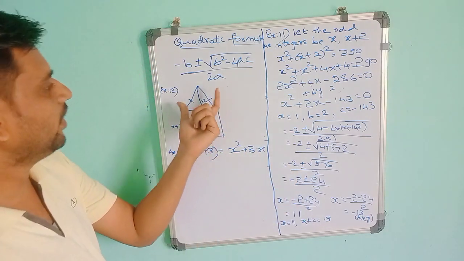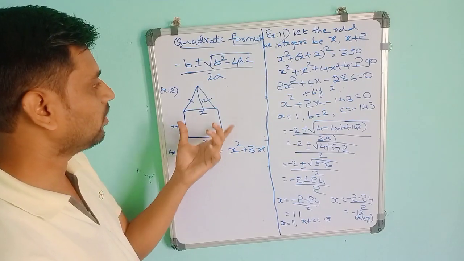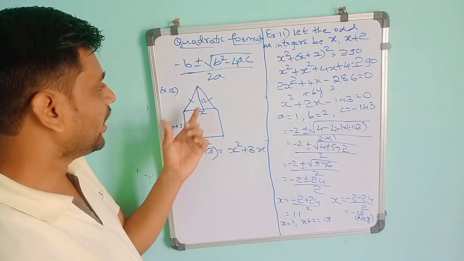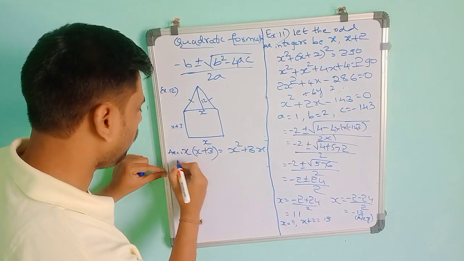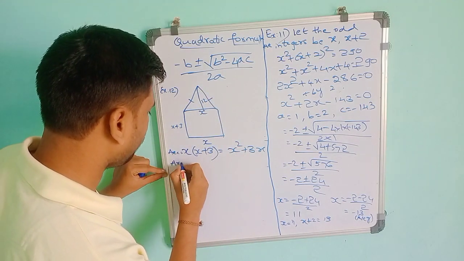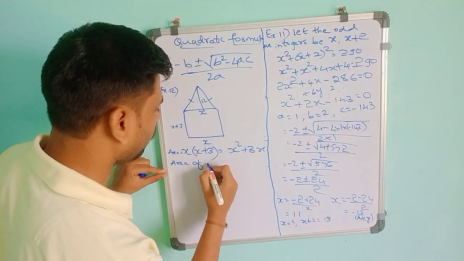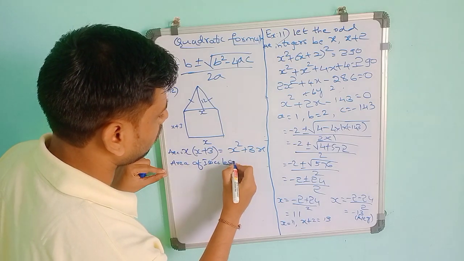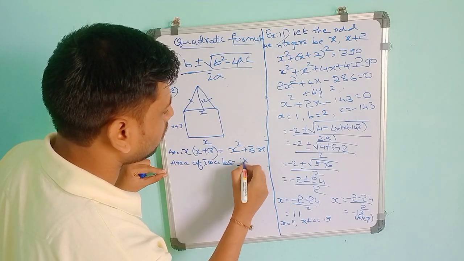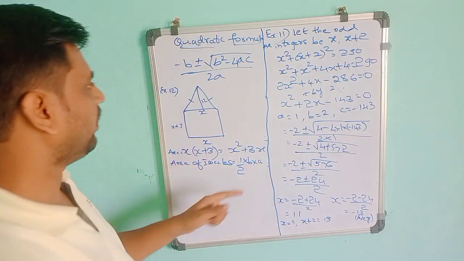But if you take the area of isosceles triangle, as you studied in the 9th standard or not, I don't know, the formula for the area of isosceles triangle is half into base into altitude. So altitude is nothing but 12.